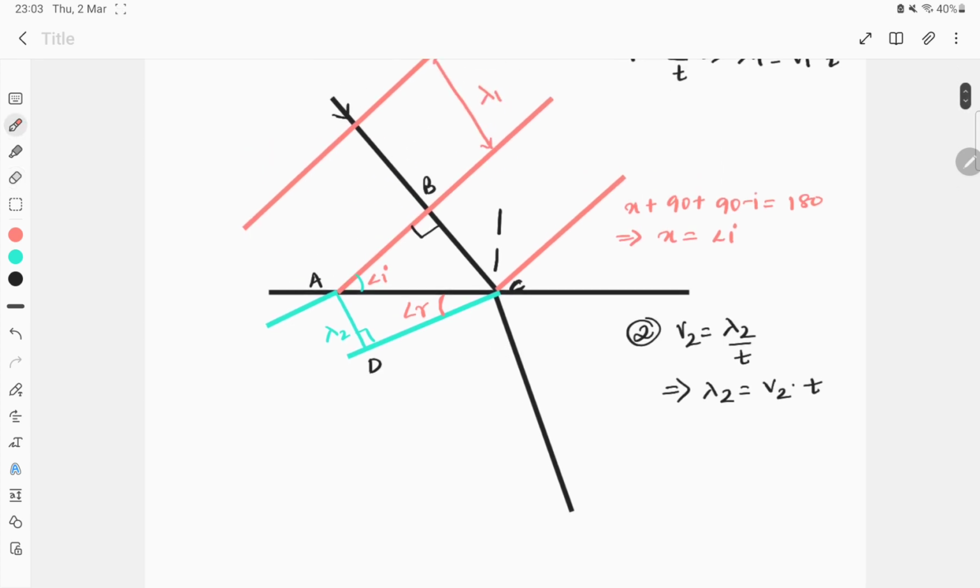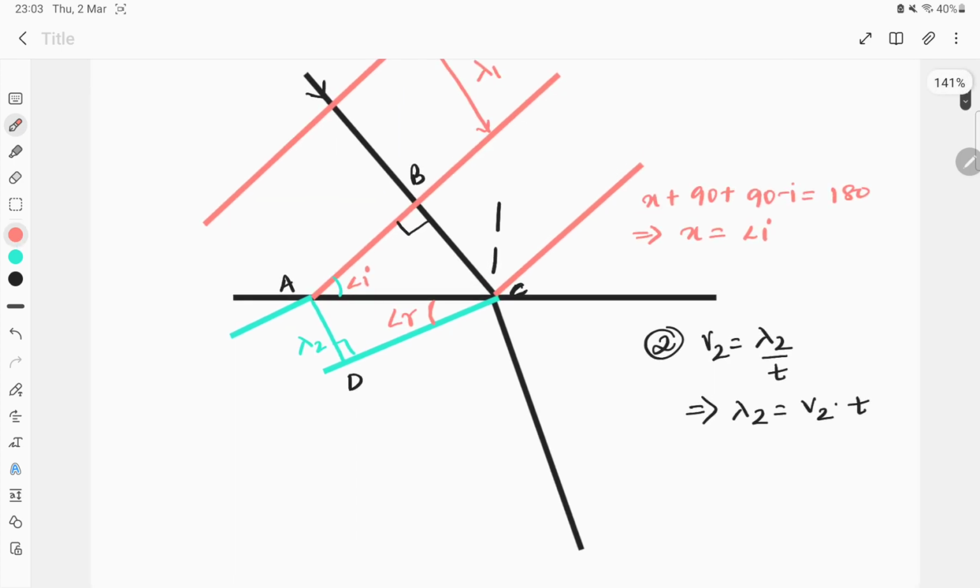Now if I only focus on the angles, if I use trigonometry, let me zoom in. Now I'll write everything on the left hand side. So sin i becomes opposite, which is my BC, which is the distance between two wave fronts, which is lambda of medium 1, divided by the hypotenuse, which is AC.